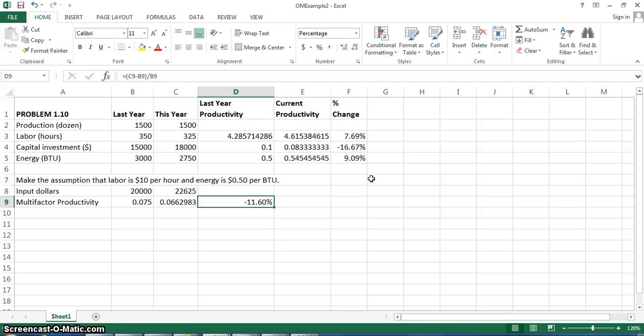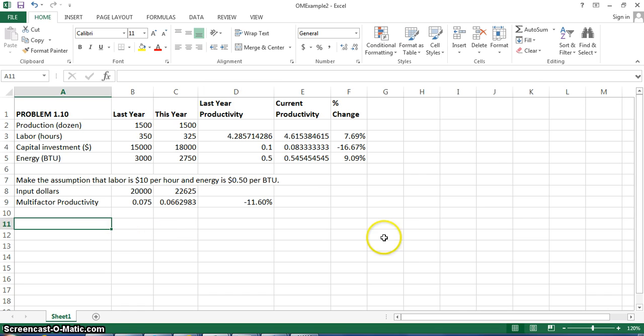This may be a little bit of an unfair measurement because obviously a large amount of this change is attributed to the capital, and the capital may continue to benefit the bakery for some time to come. We might want to adjust our multi-factor productivity measurement to include just the labor and energy.